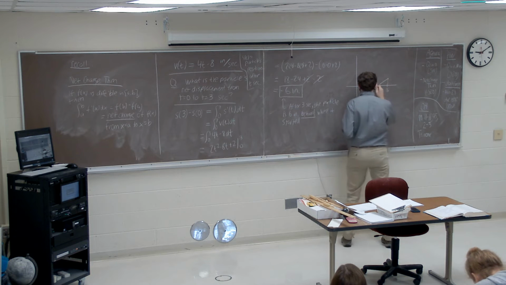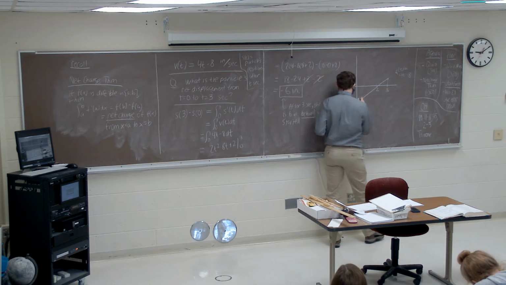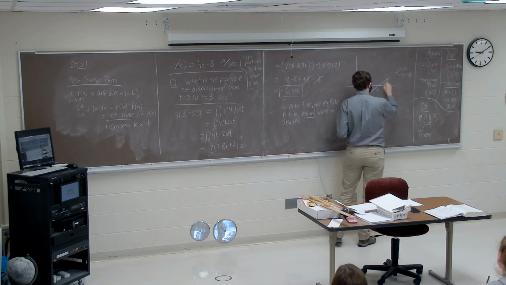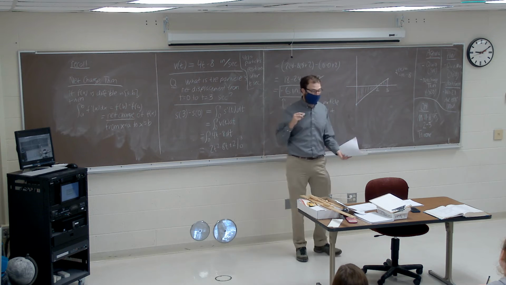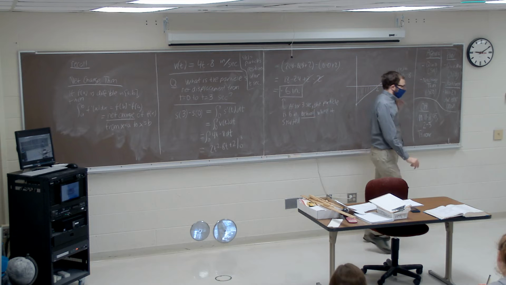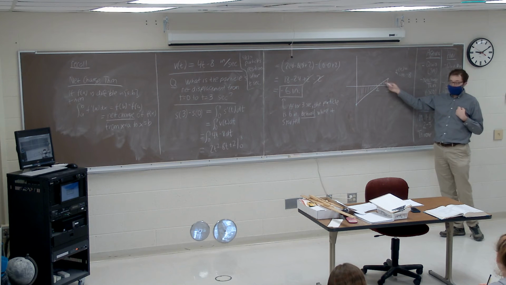What we actually just found is that if we added up this negative area down here to this positive area up here, the negative area down here had 6 more than this positive area up here.